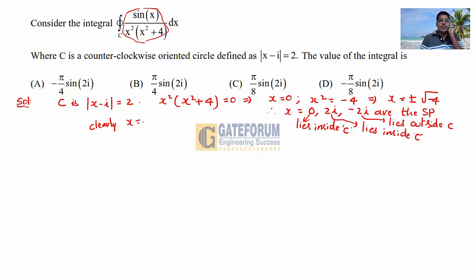So x is equal to 0 is a pole of order 2. x is equal to 2i is a singular point obtained from the factor x square plus 4, but I can write this x square plus 4 as x plus 2i into x minus 2i. So x is equal to 2i is obtained from the factor x minus 2i, this factor having power 1. So x is equal to 2i is a pole of order 1.